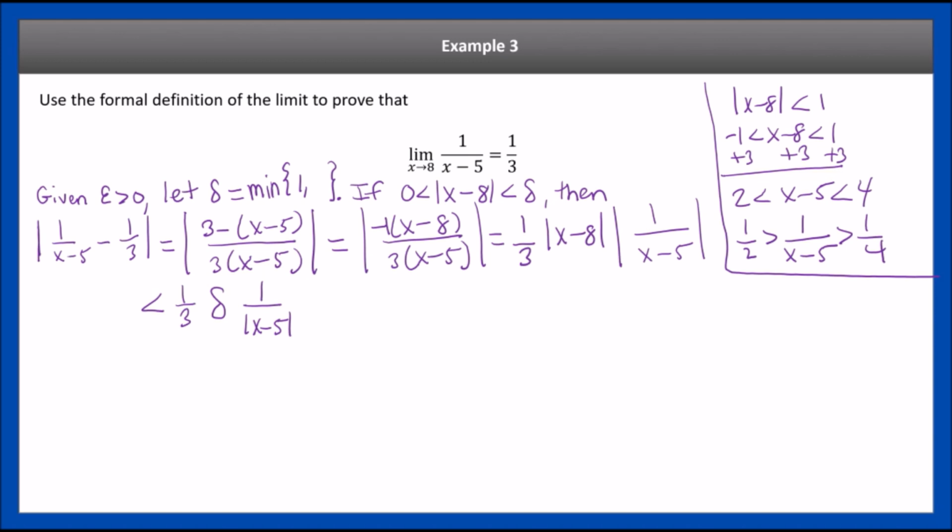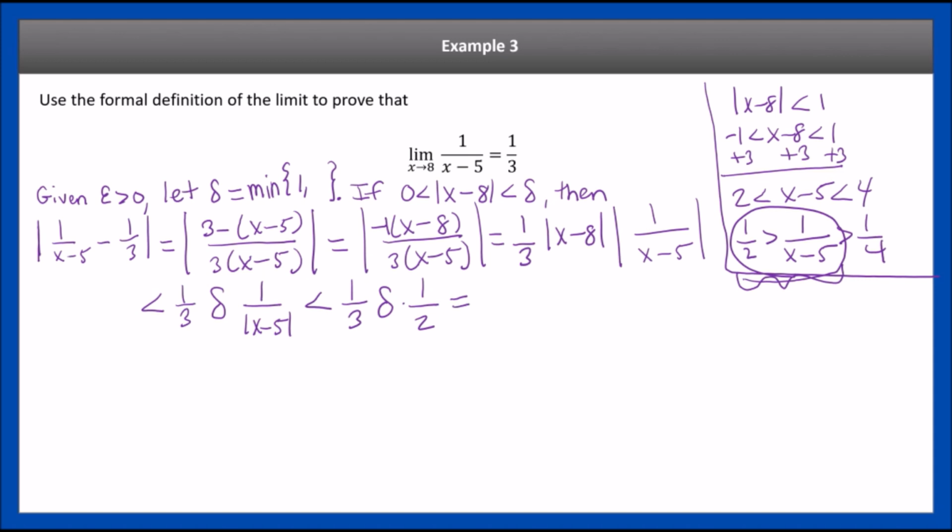All right, so now we have that 1 over x minus 5 is less than 1/2. That's what we want to use, okay? We want to use the less than inequality, because remember, in our proof we have to have less than to prove that it's less than epsilon. So now we're going to use this part right here, that this is less than 1/2. So now we're going to say this is less than 1/3 delta times 1/2.